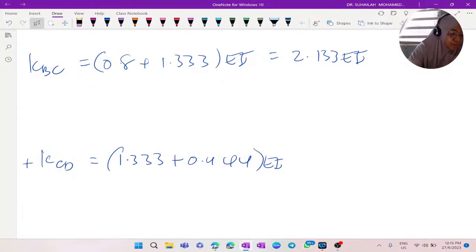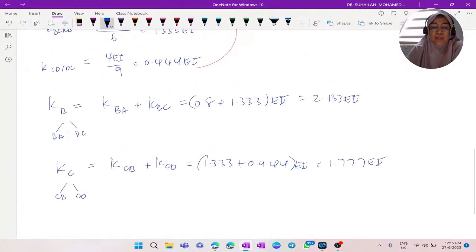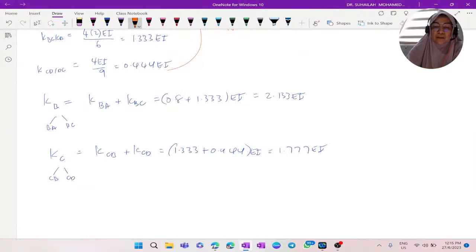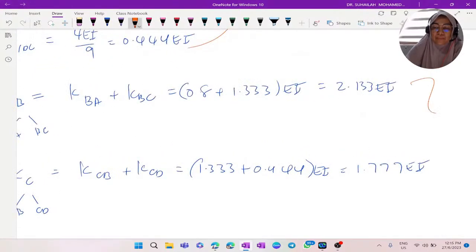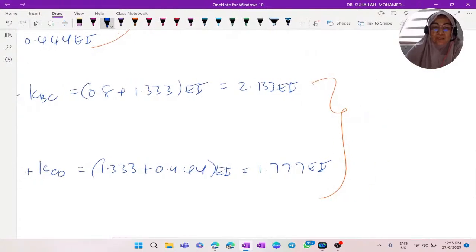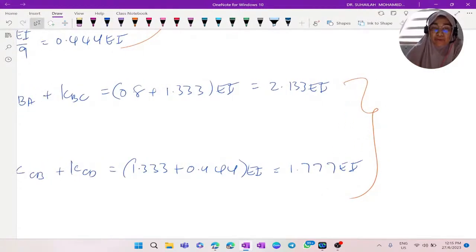So 1.333 plus 0.444, we get 1.777 EI. This is the joint stiffness.